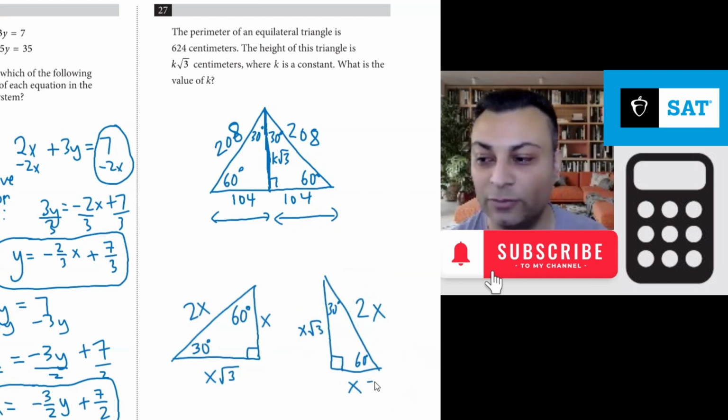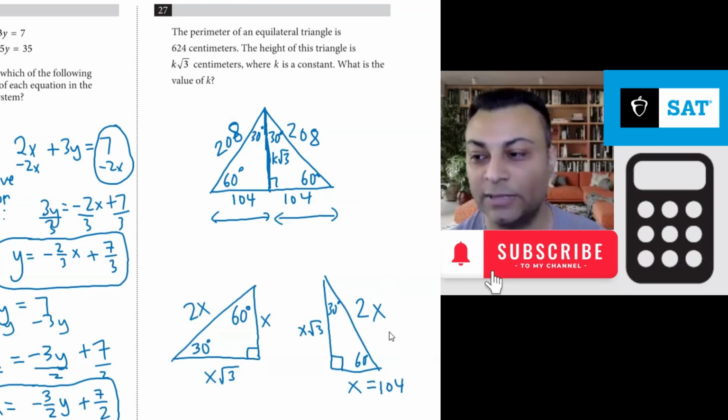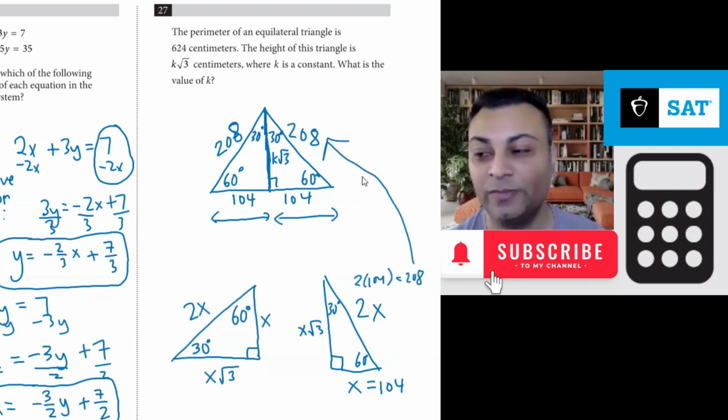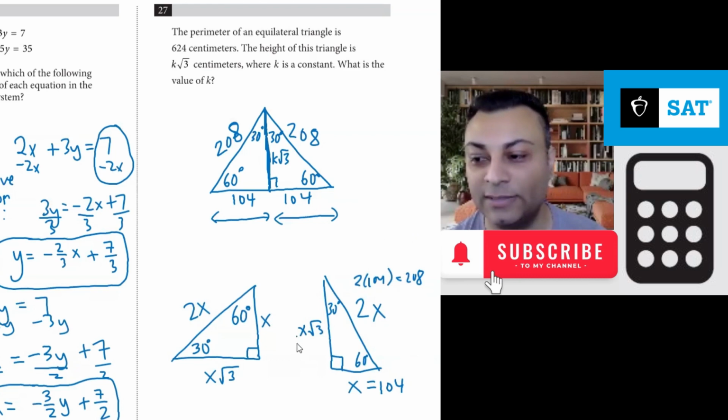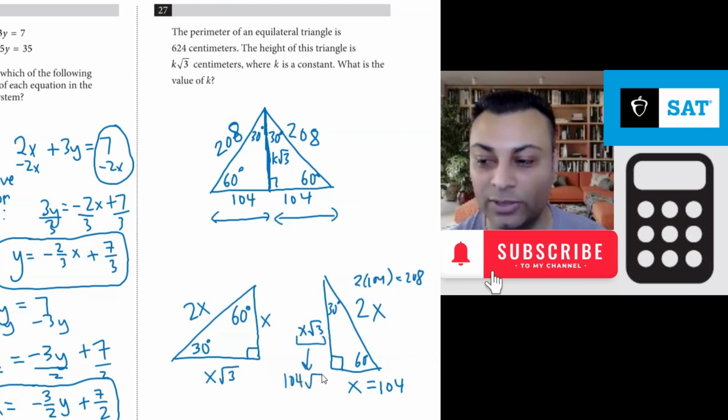If this were 104, as our picture seems to suggest, then you would expect this to be 2 times 104, which is 208, which actually matches the picture also. And finally, you would expect this to be 104 times root 3. Okay, so this k root 3 is actually 104 root 3.